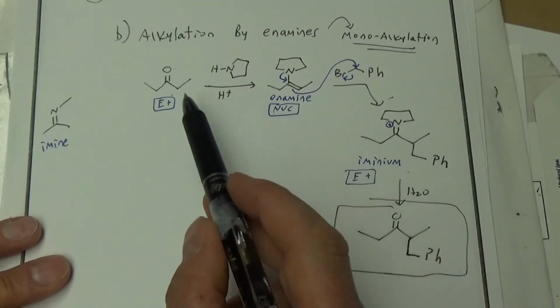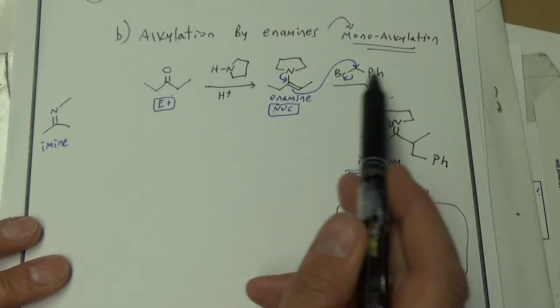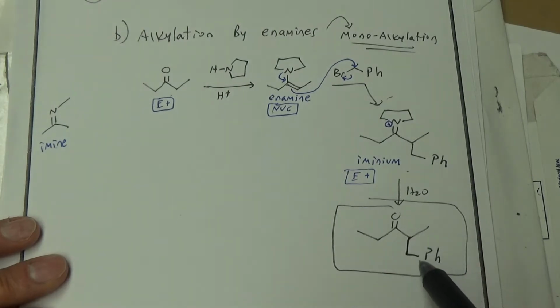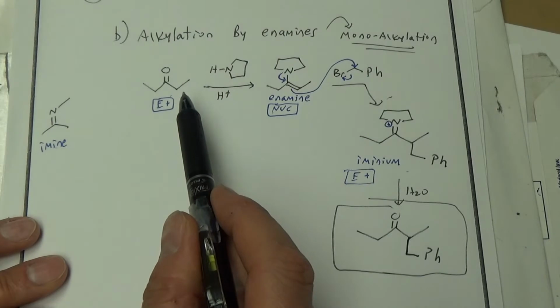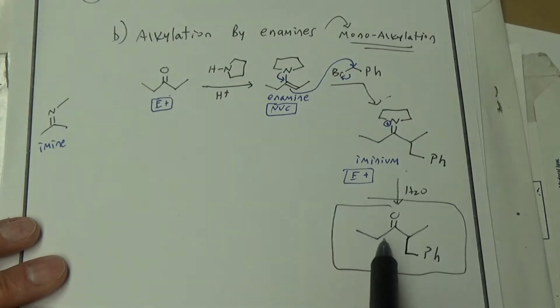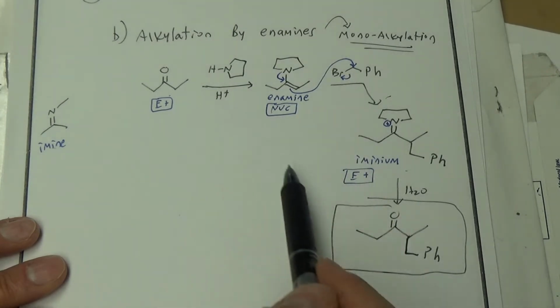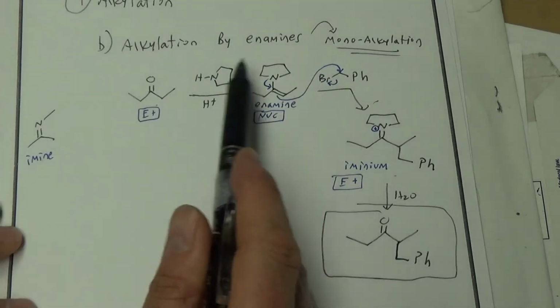This net process took a ketone and made the enamine, attacked something, and then cleaved the aminium off to give us back our ketone, right? Could we do this somehow in a single step, from there to there? We do LDA and then that benzyl bromide. That would actually do it, except you might get multiple alkylations, and that's why this is an improved method. Okay.